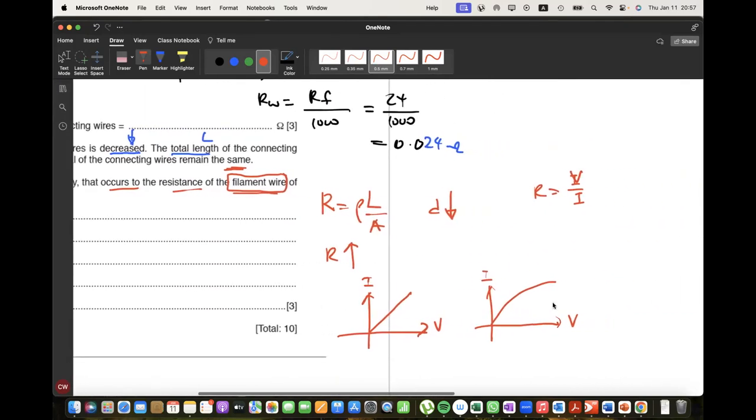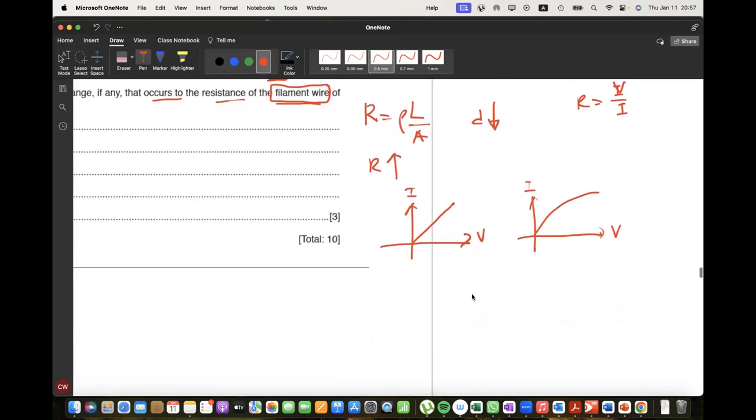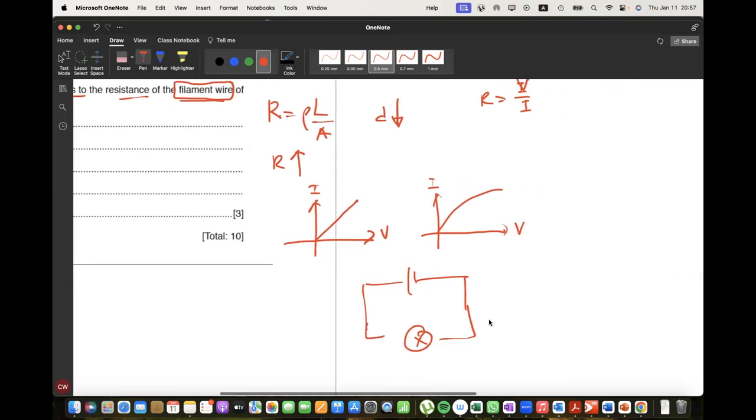Okay, so that means now, like that for wire for this thing. So resistance decreases. Lamp. Because this one is wire first, you know. This one changes. Resistance of wire changes.